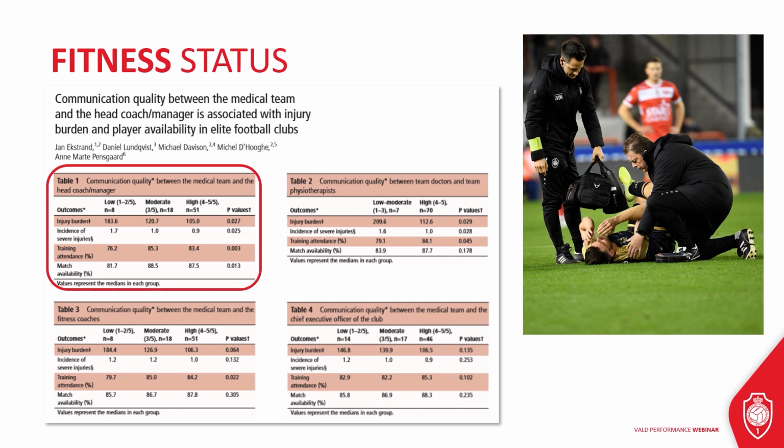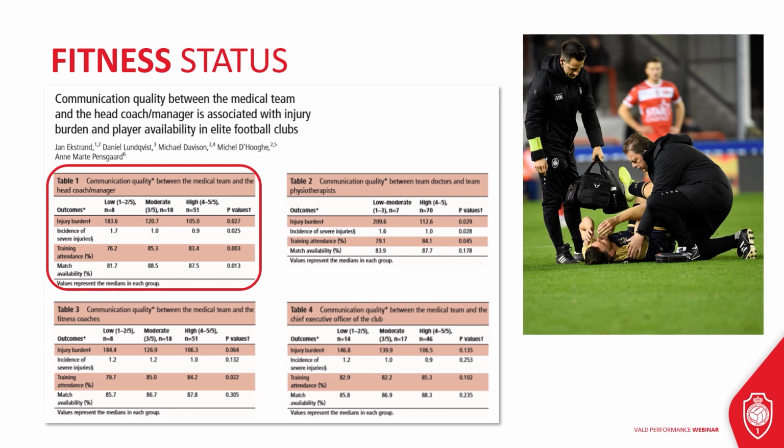Like in the injury burden, you can clearly see here with a high communication quality, the injury burden is lower than in case of the low communication quality. Same for the severe injuries, which means an unavailability for over 28 days. You see this incidence is lower, 0.9 for high communication quality compared to the 1.7 with the low communication quality.